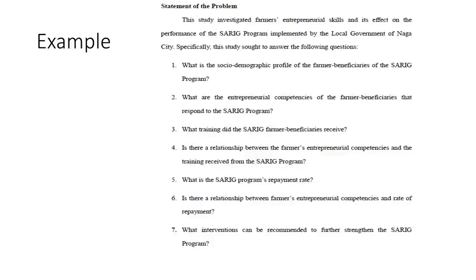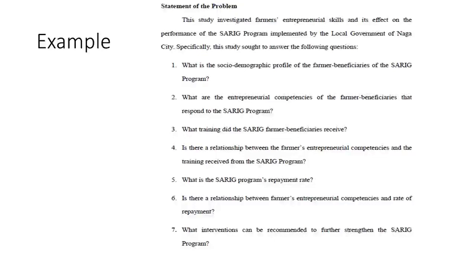Fifth, what is the SARIG program's repayment rate? That's for the loan aspect of the program, because there's also a training component. Sixth, is there a relationship between farmers' entrepreneurial competencies and rate of repayment? And lastly, seventh, what interventions can be recommended to further strengthen the SARIG program?